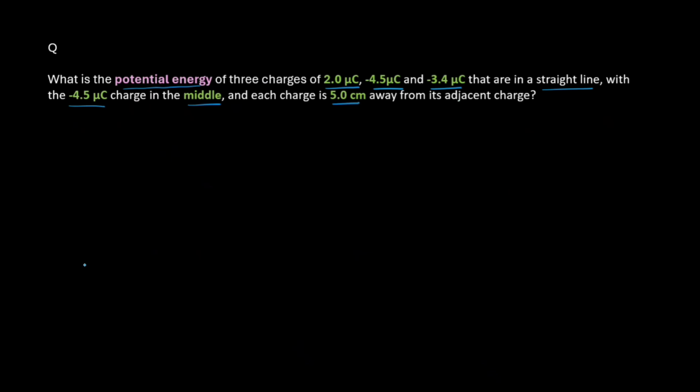So here in this question, you have been given three charges, which I will write as Q1 equals 2 microcoulomb. So micro we can write as 2.0 times 10 to the power negative 6 coulomb. Then Q2 is negative 4.5 microcoulomb. So again 10 to the power negative 6 coulomb. And Q3 as negative 3.4 microcoulomb. So 10 to the power negative 6 coulomb.